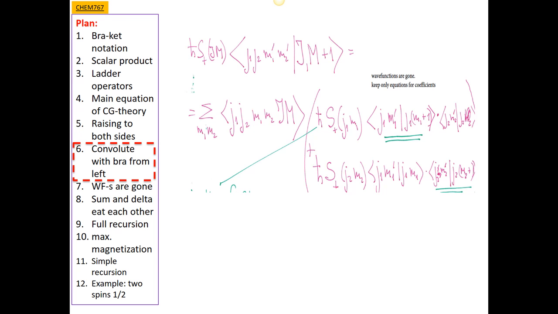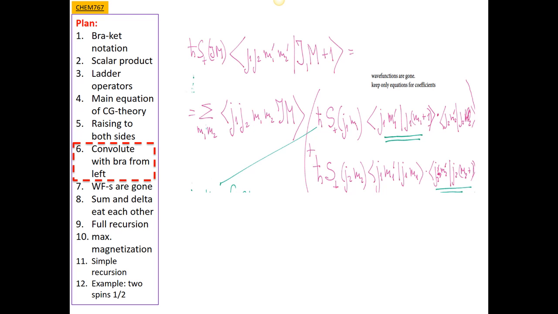So first, G_{J, M+1} equals, so we still have first and second term, but no summation anymore. Now I'm writing this Clebsch-Gordan coefficient j1, j2. Instead of m1 in the first term, I'm writing m1 prime minus 1.